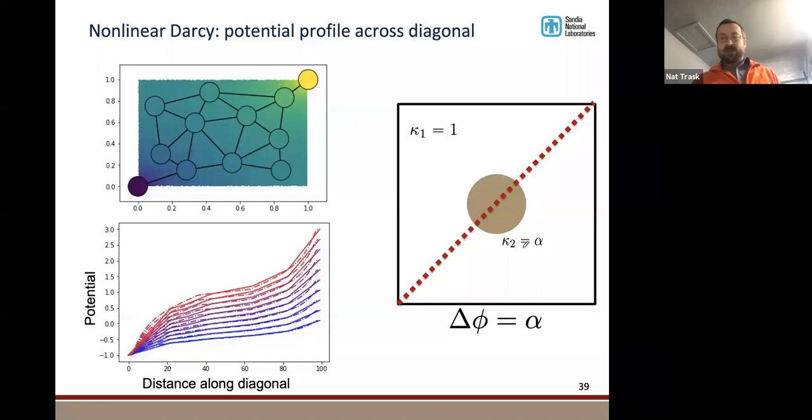We're going to say that this material coefficient is proportional to the pressure drop, the delta phi from one corner to the other. So what this says is, as you force the system more, it gets more diffusive. And you can see, this is a pretty coarse graph, but it's able to reproduce well the actual high fidelity solution, which is the dashed line.